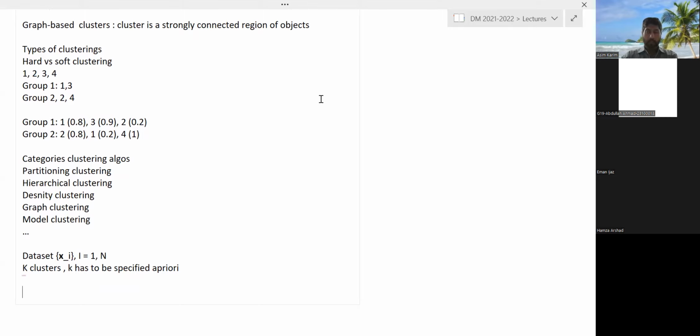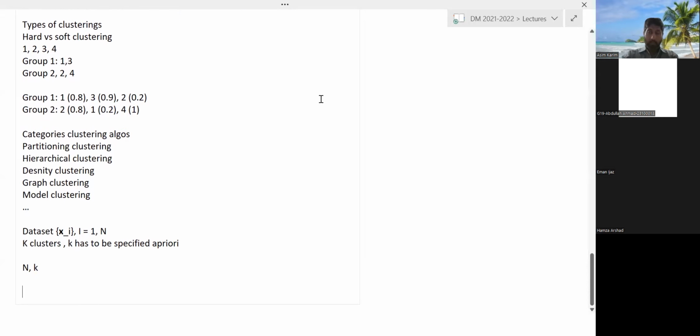Many of them are prototype based, in the sense that they work on clusters that are represented by prototypes. In the more general sense, let's say you have n objects and you want to form k clusters. How many possible combinations can you have? This is a combinatorics question.